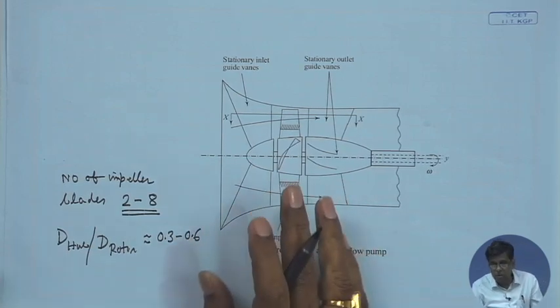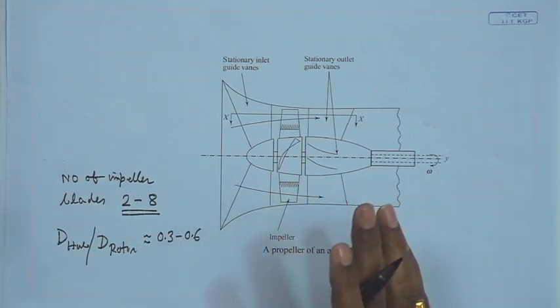It is almost similar to that of the axial flow turbine, that is the Kaplan turbine. The blades look like that, and the axial flow is similar to the turbine.